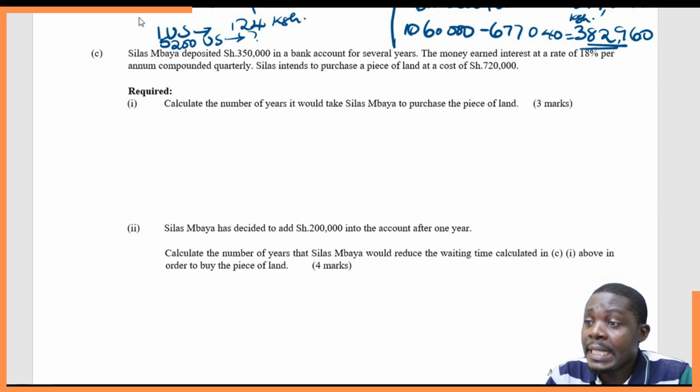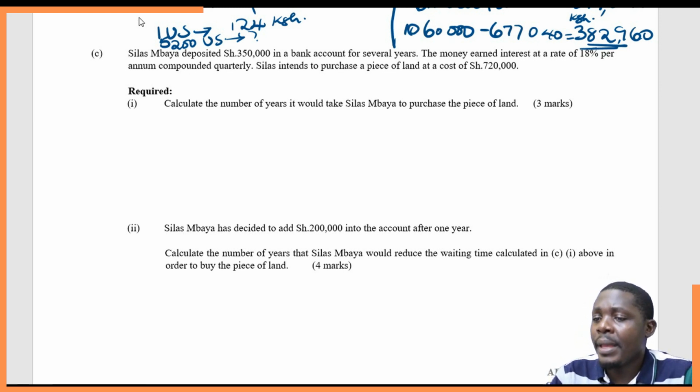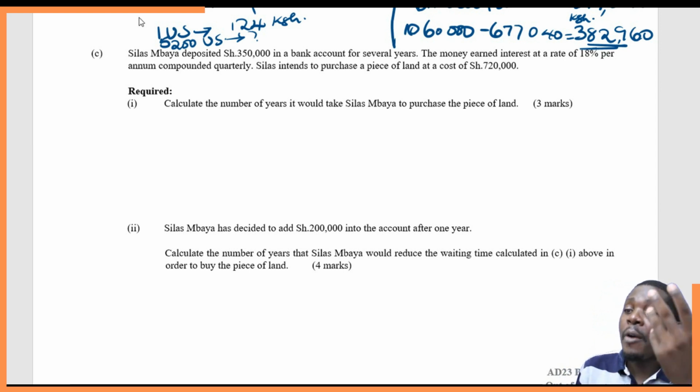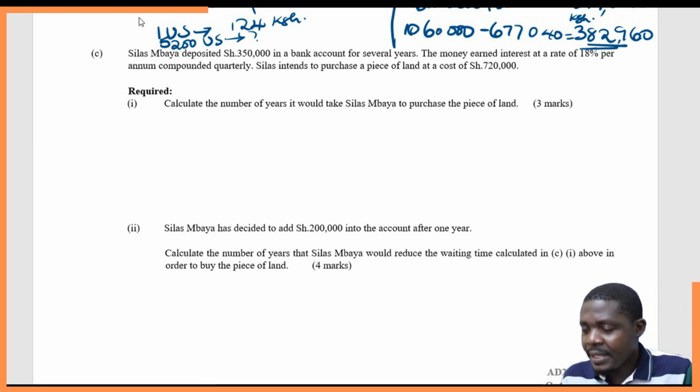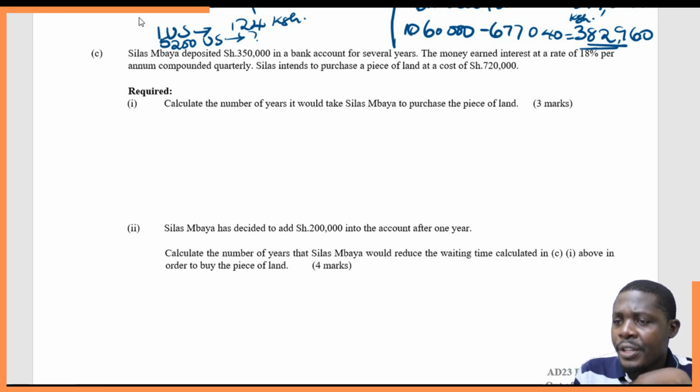Silas intends to purchase a piece of land at a cost of 720,000. Calculate the number of years it will take Silas to purchase the piece of land. Should be how many years that Silas will wait to purchase the same land. Now compound interest.